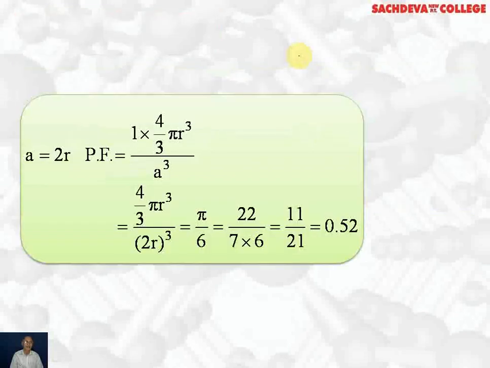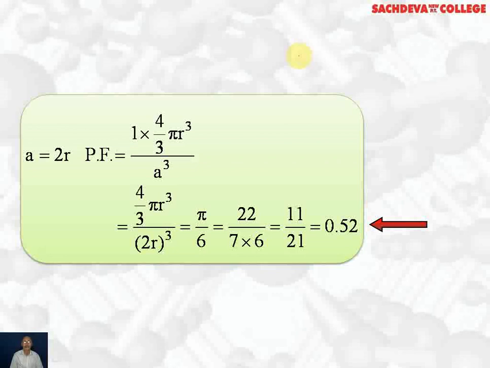In simple cubic, a is equal to 2r and packing fraction will be equal to 1 into 4/3 πr³. Why? Because Z is 1 in simple cubic and it will be divided by a³. 4/3 πr³, a we are substituting equal to 2r and whole cube. If you solve it, we get π/6. Pi is 22/7. So 22/(7×6), that is 22/42.